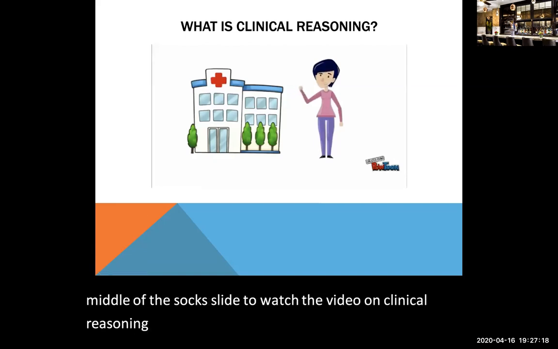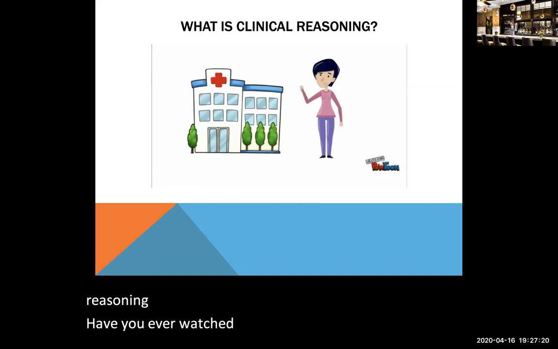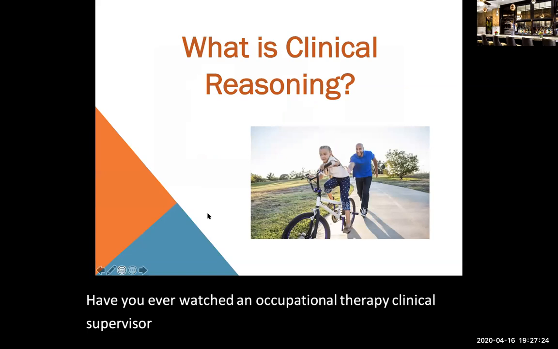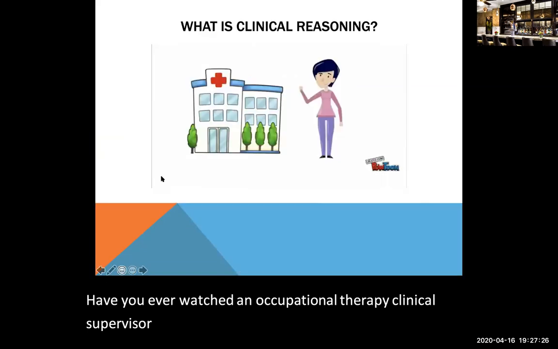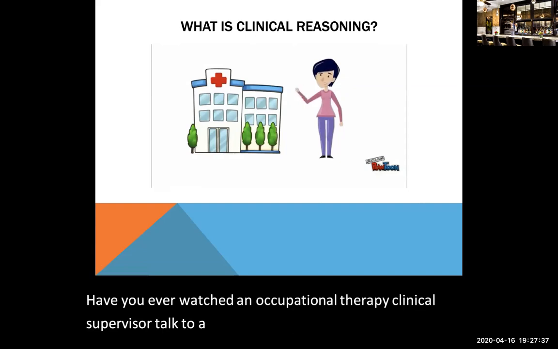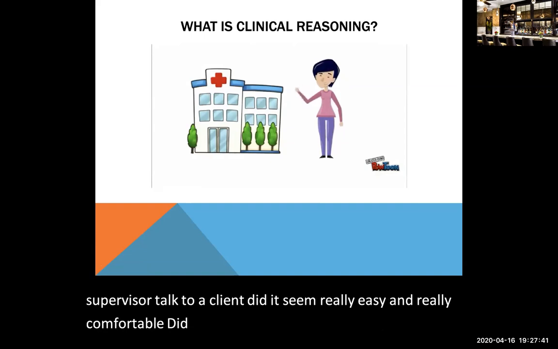Have you ever watched an occupational therapy clinical supervisor talk to a client? Did it seem really easy and really comfortable? Did your supervisor just seem to know the right questions to ask?